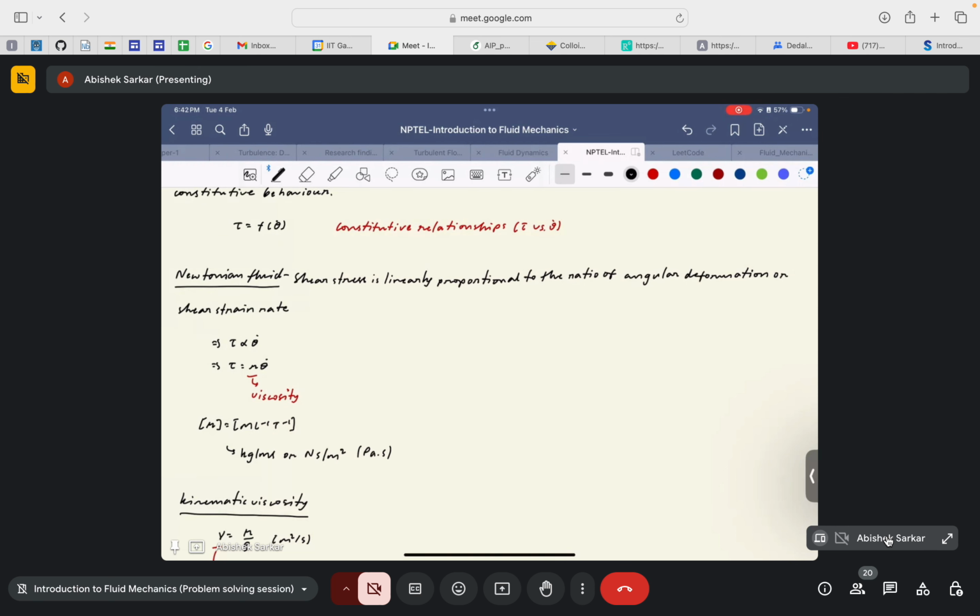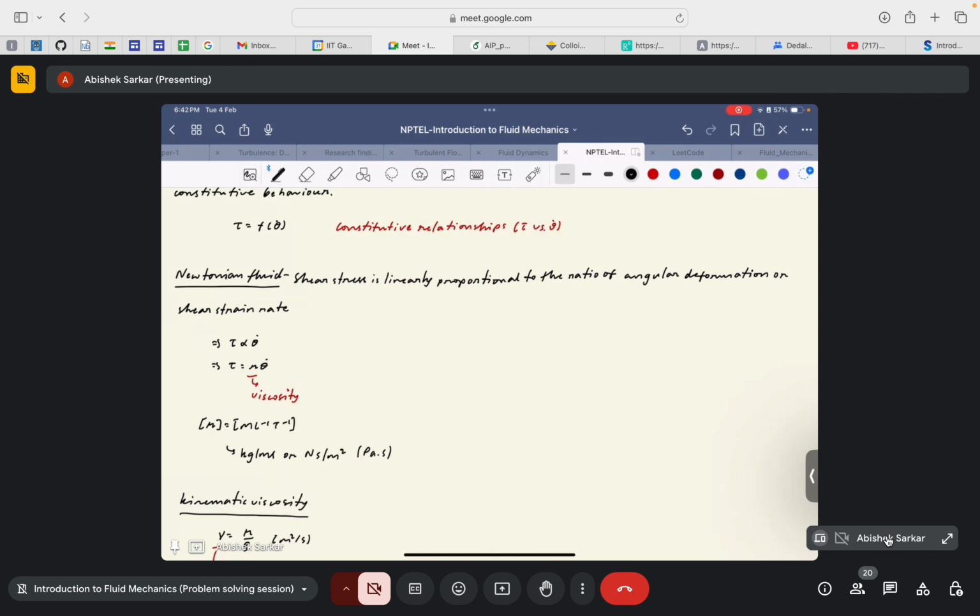That's fine. Now let us look into the origin of viscosity. I will briefly discuss it. For liquids, it is the intermolecular forces of attraction between the fluid molecules that generates the viscosity.